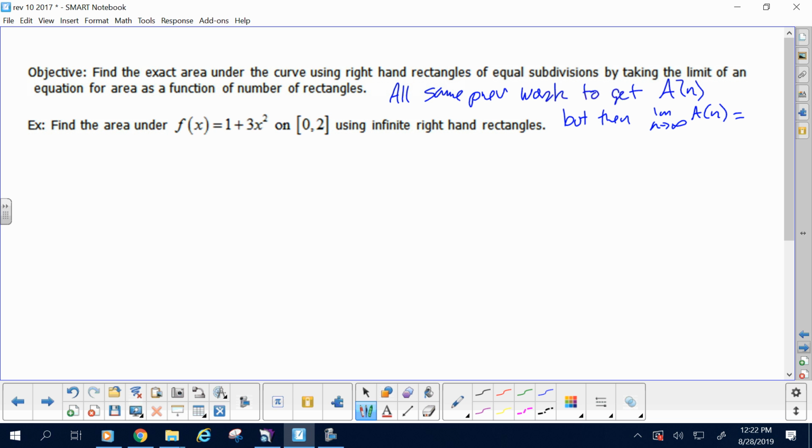If you get infinitely many more rectangles, what does your area formula approach? You follow? Okay.